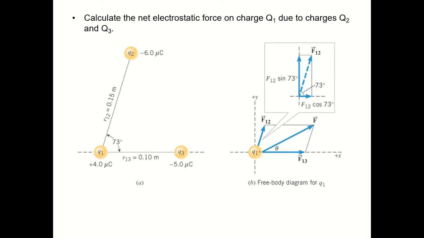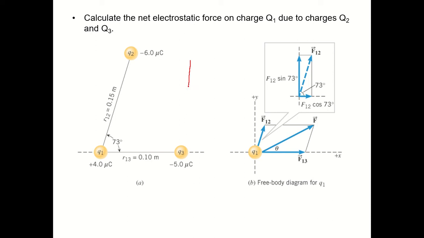So you have to solve for F12, F13, then after that you add these vector forces vectorially. For this one, this is our force from 1 to 2, so you have to take the vertical component of that, so you use the sine.